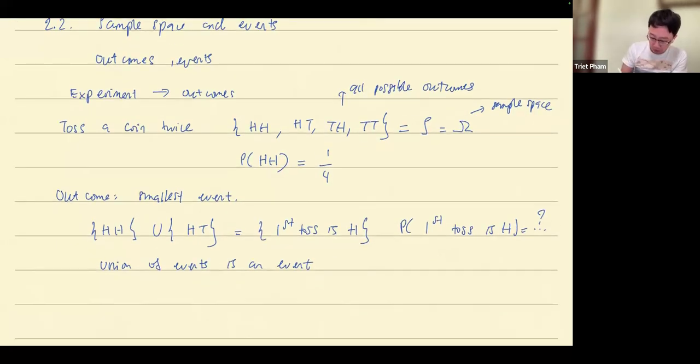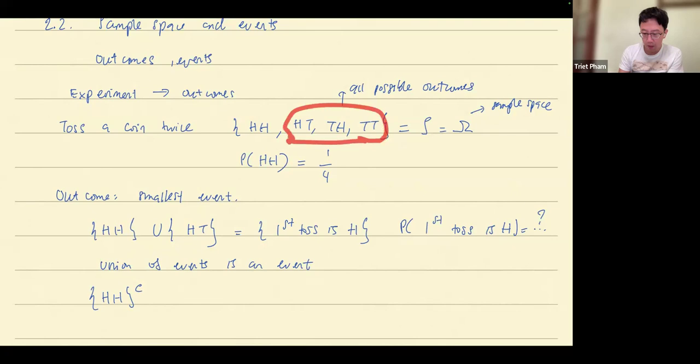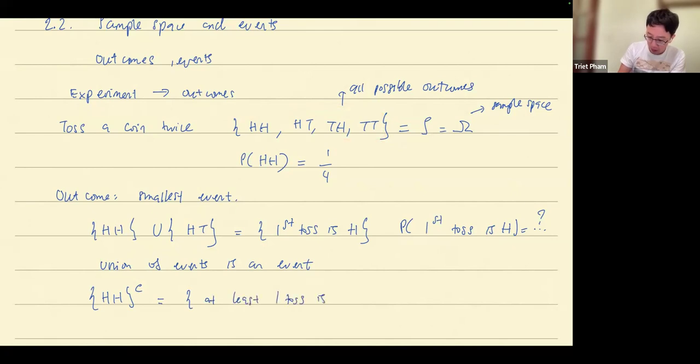Well, the complement of an event is an event. For example, what is this? Clearly this is the remaining 3, because not this is the remaining 3. It just says that at least 1 toss is tail, things like that.